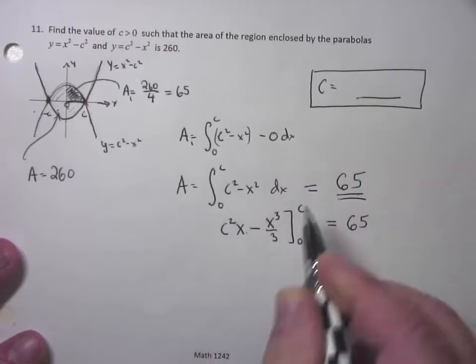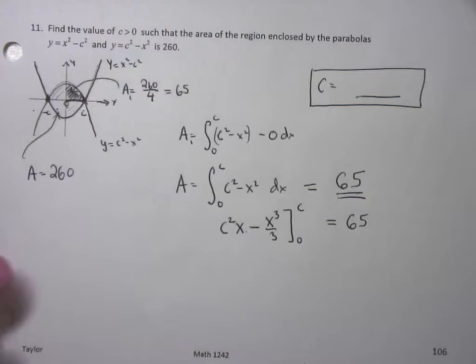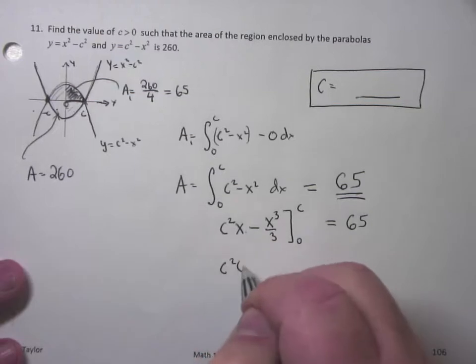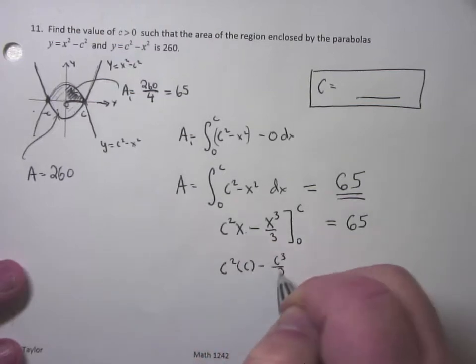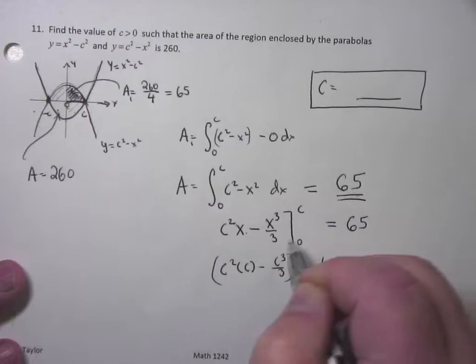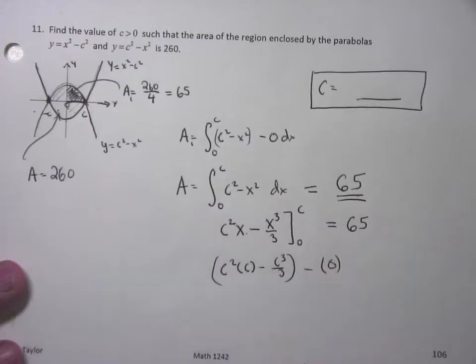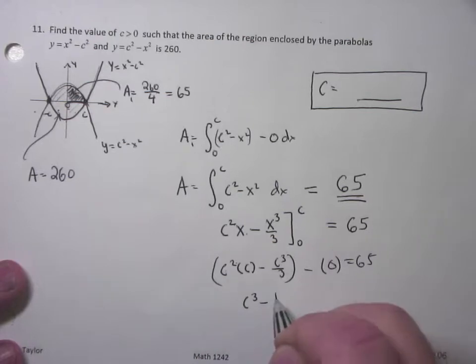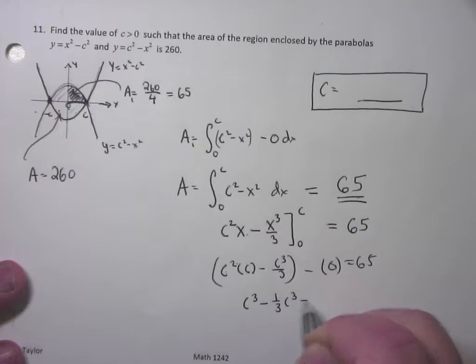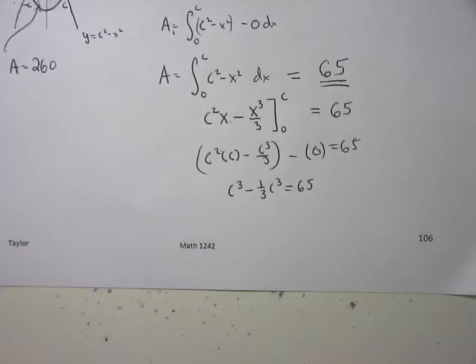Plug in top minus plug in bottom, made it much nicer. So c squared times c minus c cubed over 3, plug in top, minus plug in bottom for x, you get a bunch of zeros, is equal to 65. So here we go. C squared times c is c cubed minus 1/3 c cubed equals 65. Remember, this is WebWork, so don't bank on the answer being real nice here.